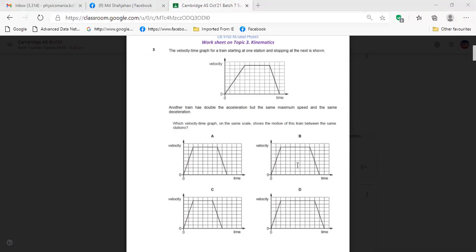So for your B, what is the value of velocity? 8 again, right? And what is the sum of a plus b in the formula? 9 or 10?